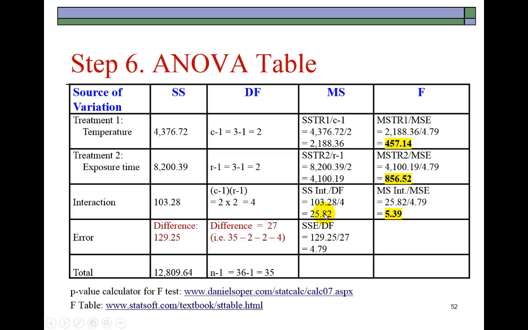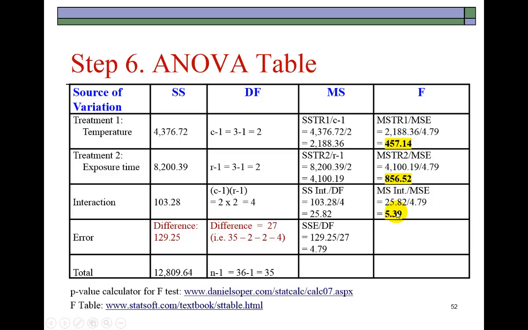And the F statistic is going to be the mean square value divided by, you guessed it, mean square error. Here, mean square error is 4.79, which is this sum of squares divided by 27. So by dividing each of these mean squares, temperature, exposure time, and interaction, we get their F statistics.